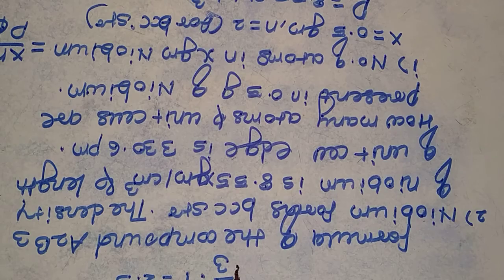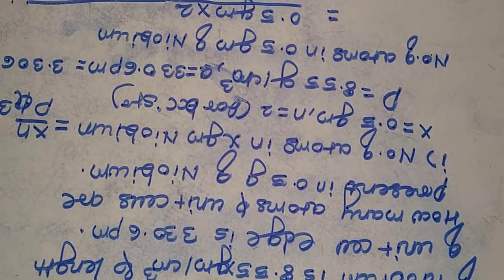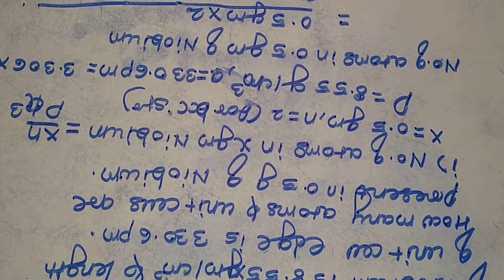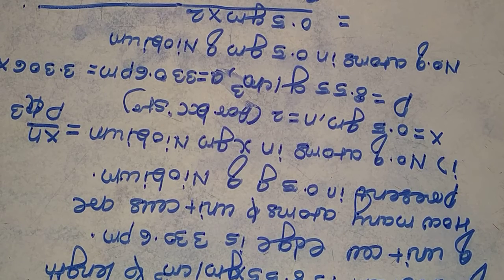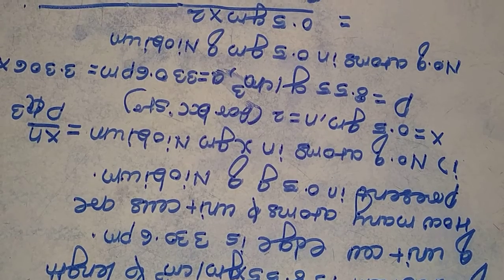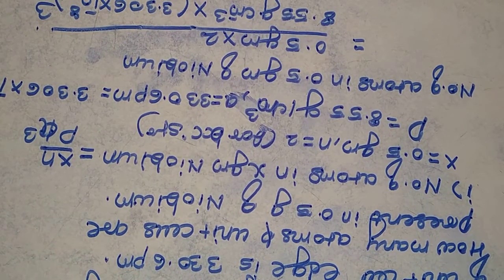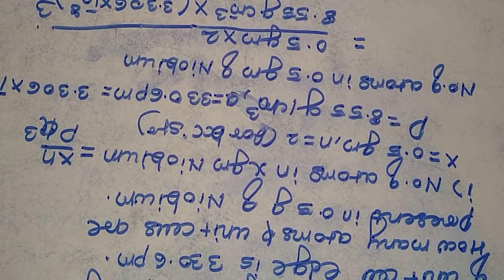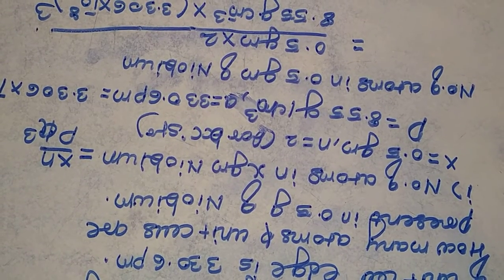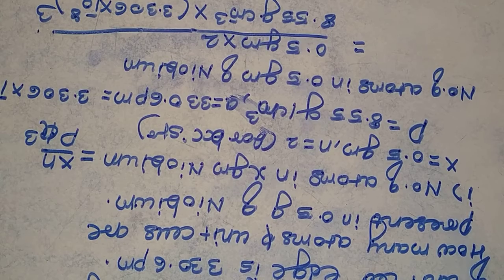First of all, for the number of atoms you have a formula, which I already discussed in the theory part. The number of atoms in x gram of niobium is equal to xN upon rho into a cube, where x is the mass in grams of niobium, N is the number of atoms per unit cell, rho is the density, and a is the edge length.